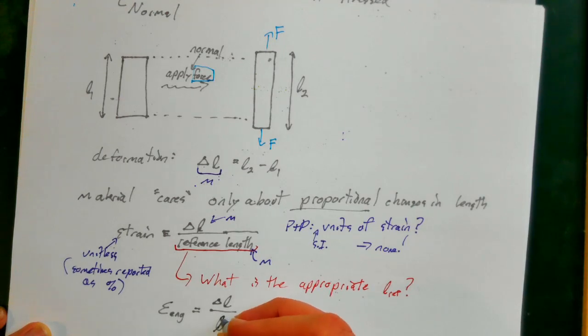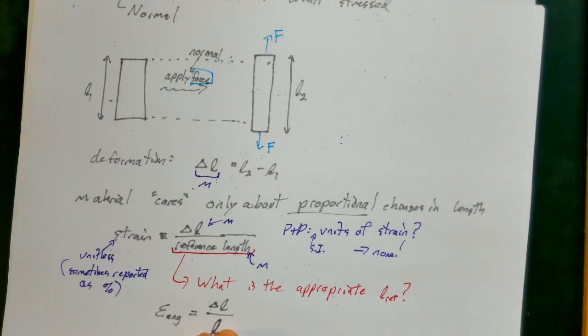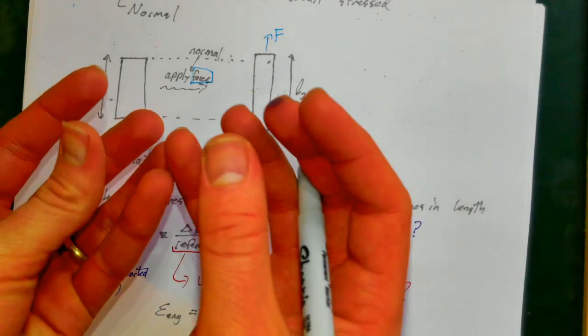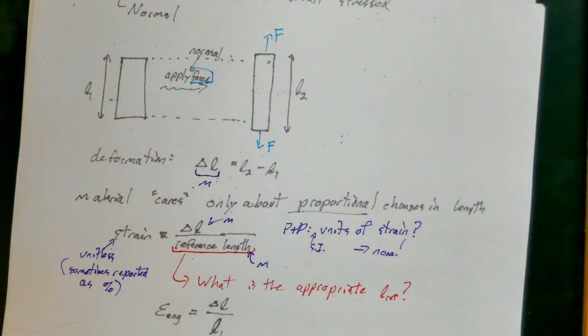So L1. This says, if you started off with a long rope and had a long change in length, that would be equivalent to starting off with a short rope and having a short change in length. What the rope itself is feeling would be basically the same in those two cases.